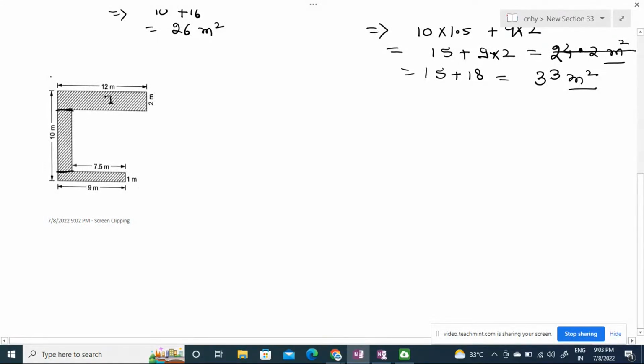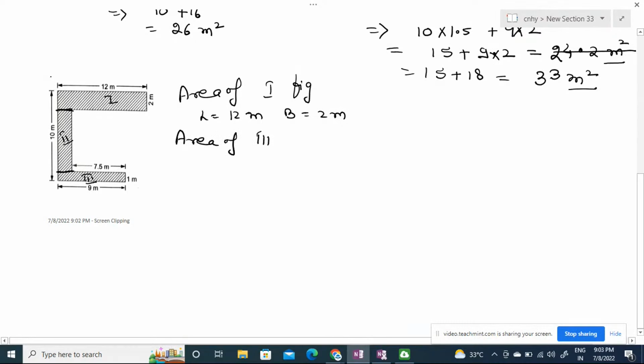First portion, second portion, and third portion. Here, the area of the first portion: length is equal to 12 meter, breadth is equal to 2 meter. Now the area of the third portion: length is equal to 9 meter and breadth is equal to 1 meter.